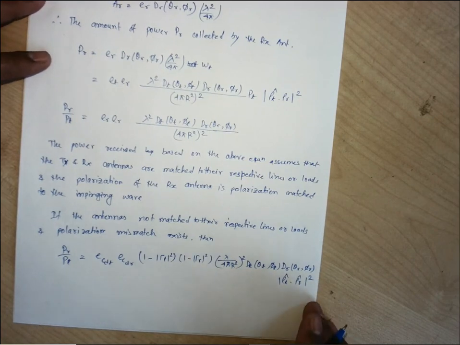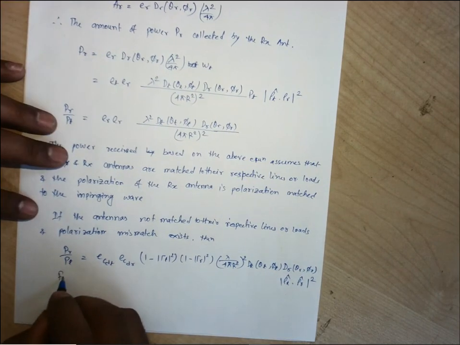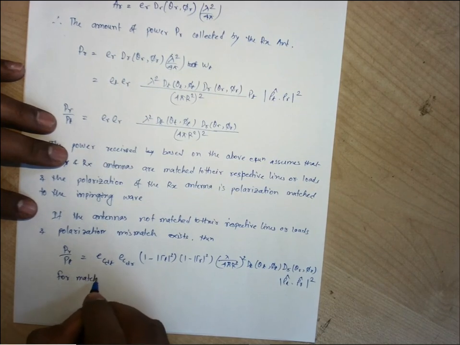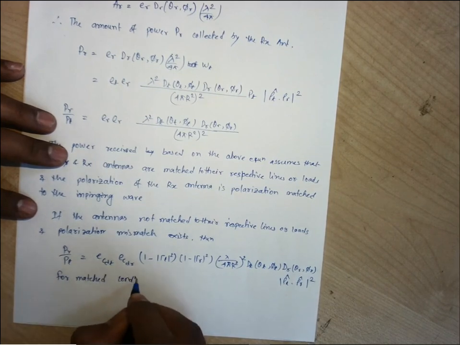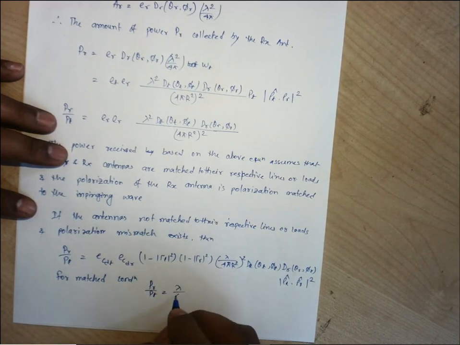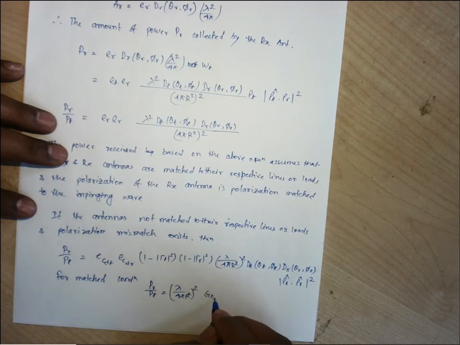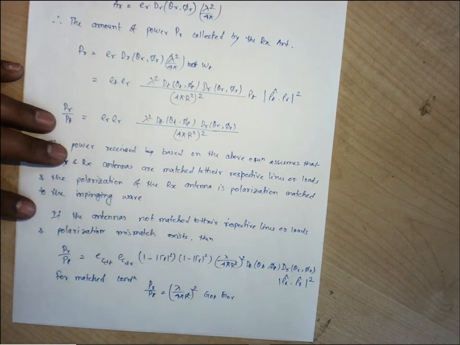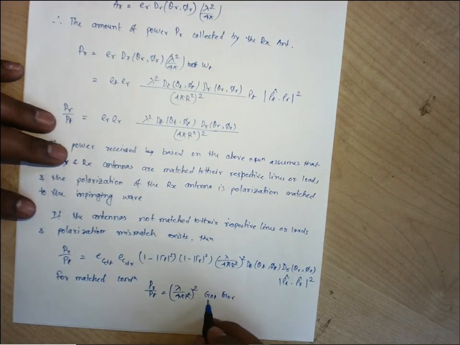So for the matched condition, P_R/P_T will be (λ/4πR)² G_0T G_0R. Why have we considered the gain?